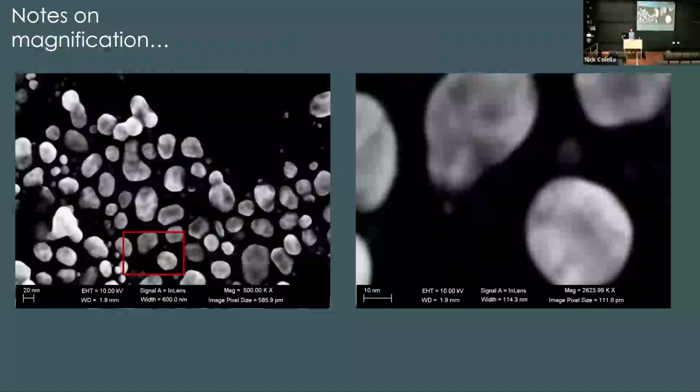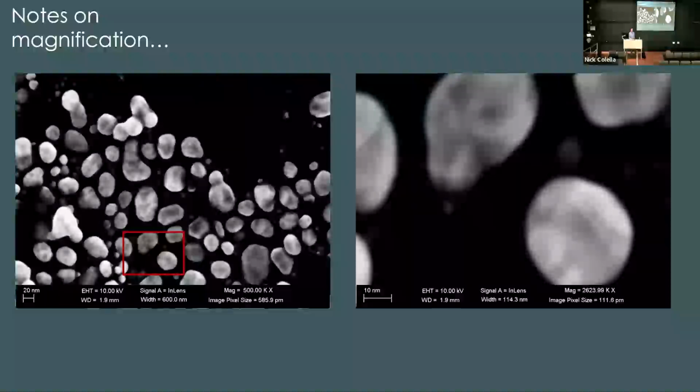Conversely, here's another image of some gold nanoparticles. On the left, I've shown an inset where I blew up on the right. And the image on the left is already taken at 500,000 times magnification, so the full field of view is about 600 nanometers. We went ahead and increased the magnification to the maximum, but I don't think we actually gained any more information, right?